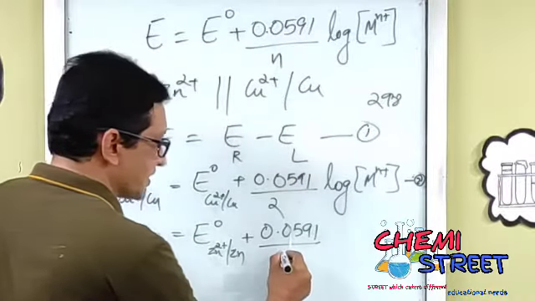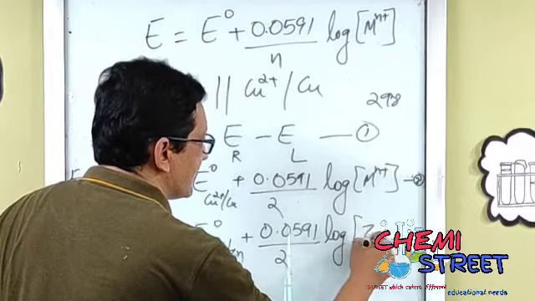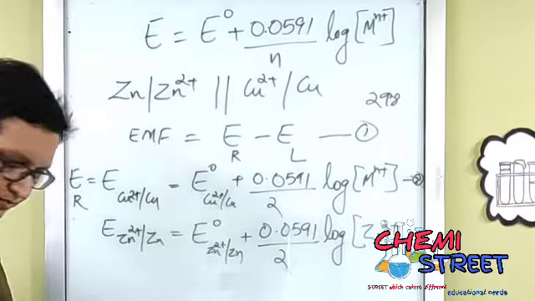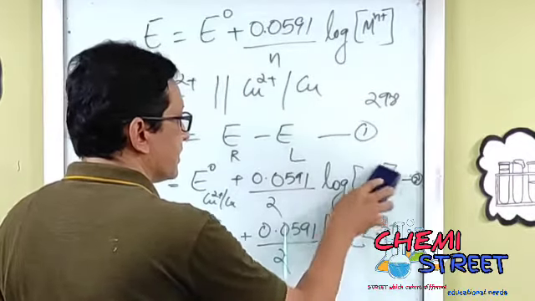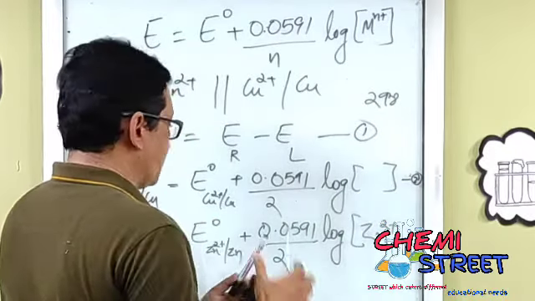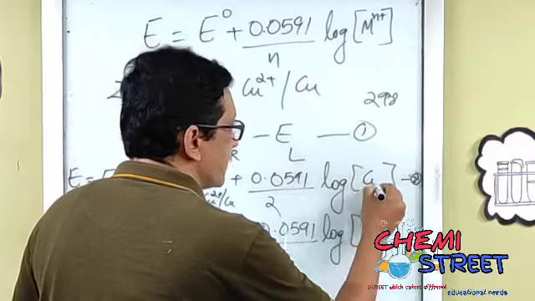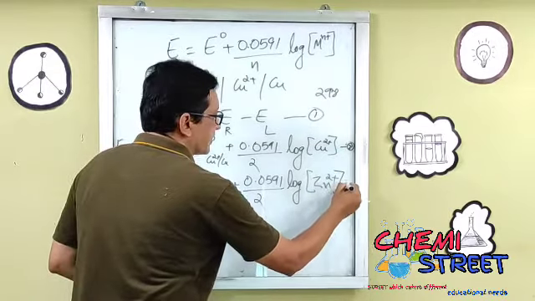Yes, 2 electrons are transferred, log Zn2 plus. Here it is Cu2 plus, it is the copper electrode, so it is Cu2 plus. Let it be equation number 3.